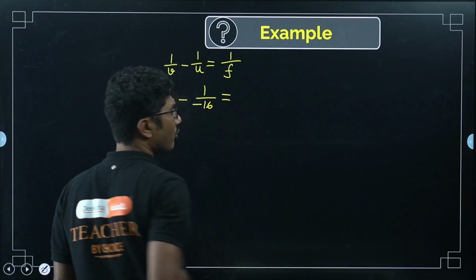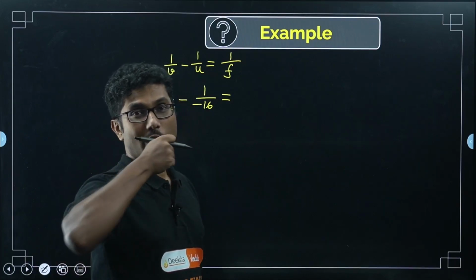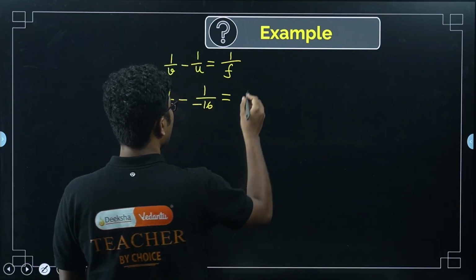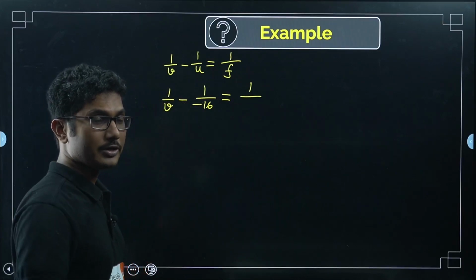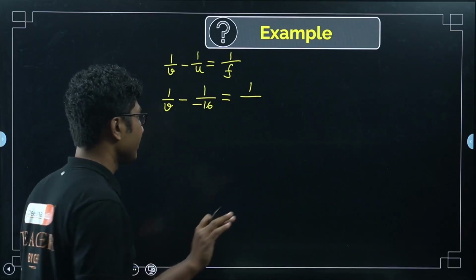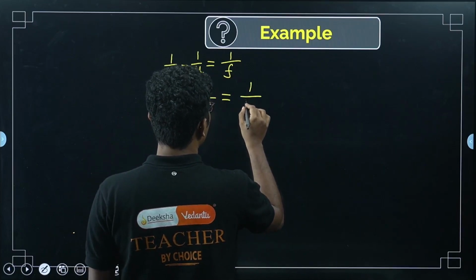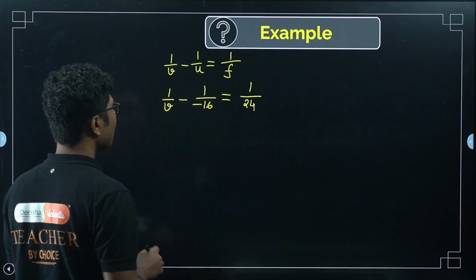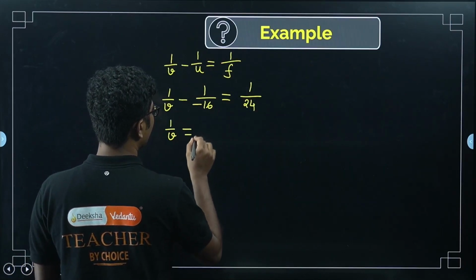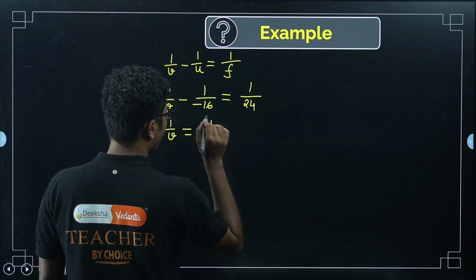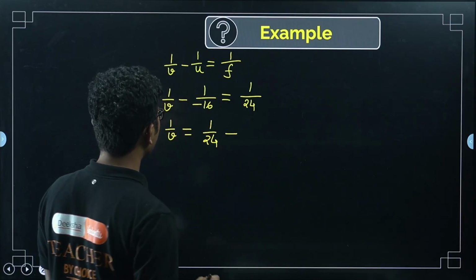Focal length for a convex lens is positive, same as that of a convex mirror. Everything is similar between mirrors and lenses in terms of sign; only the types of images are reversed. The focal length is given 24 centimeter and it should be positive because the focal length is on the right hand side. So 1 by v equals 1 by 24. Now this is becoming positive, so it will go to that side and become negative.